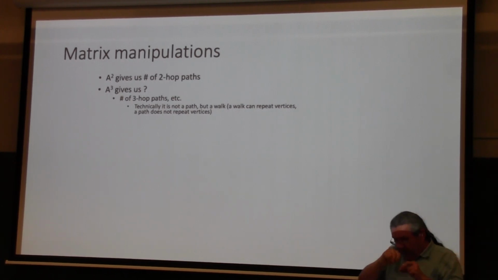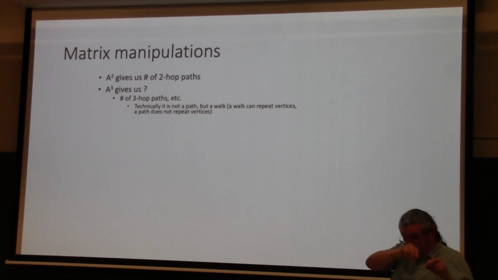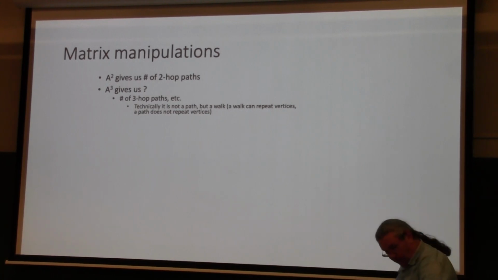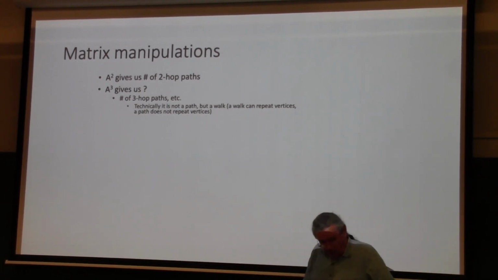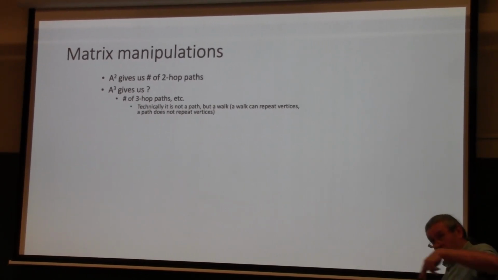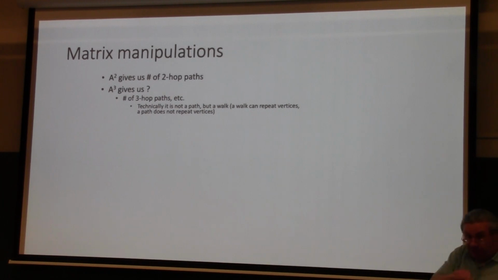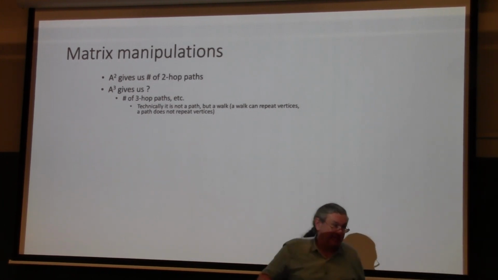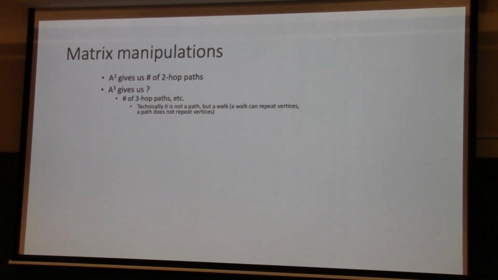A path is when you don't repeat any vertices, so it's like a marking on the street. Whereas a walk is like a person walking back and forth, so you can actually repeat vertices. So to be very technical, we're counting walks. Okay? So how does it work?